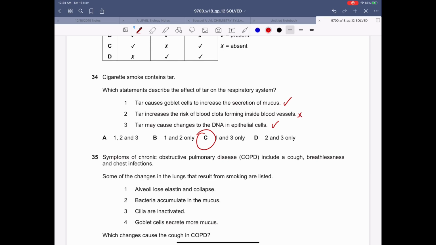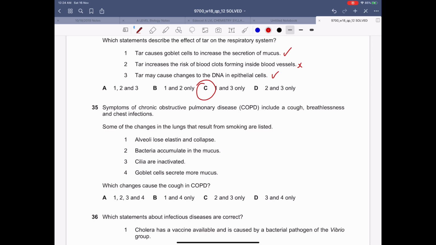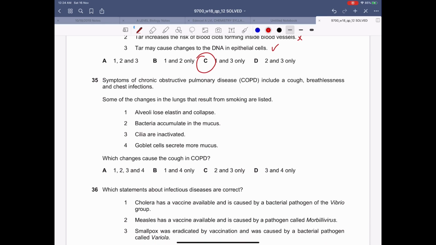So C. Symptoms of chronic obstructive pulmonary disease, COPD, include a cough, breathlessness, and chest infections. Some of the changes in the lungs that result from smoking are listed. Number 1. Alveoli lose elastin and collapse.